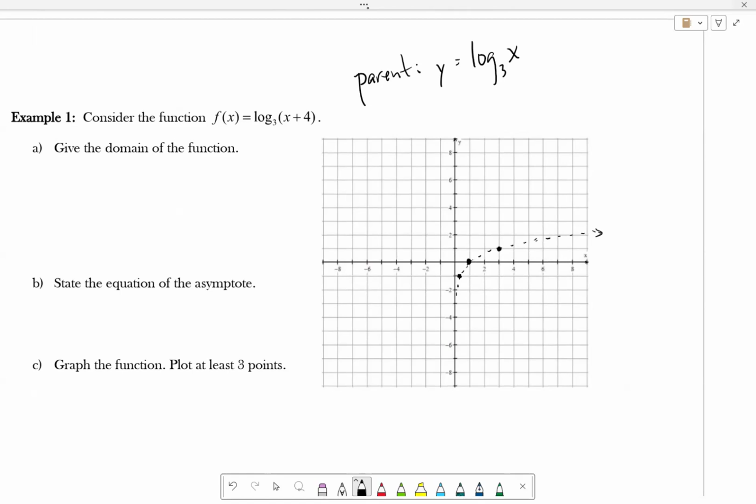We're going to take all these and move 4 to the left. 1, 2, 3, 4. This one and this one. I also have to make sure to move my vertical asymptote. I'll make this in green.